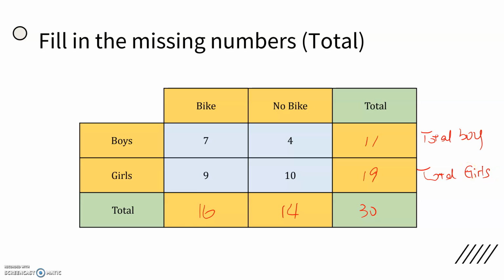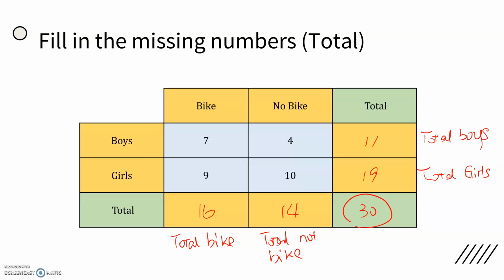And the vertical one, that means the total people who ride the bike. And this is the total people who are not riding bikes. I mean, this is terrible English, but I hope you understand what I'm trying to say. Okay, and this 30 is the absolute total number. That means all people, boys and girls, and all people who ride bikes and who do not ride bikes.